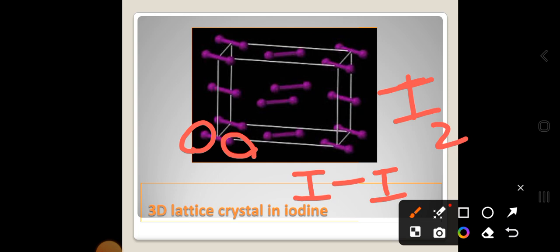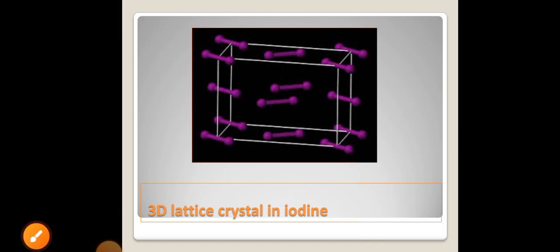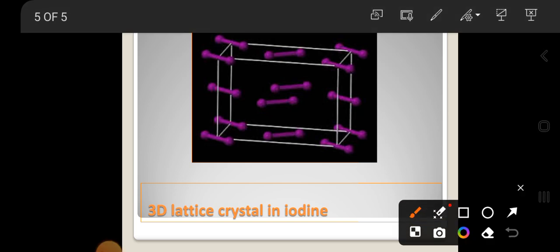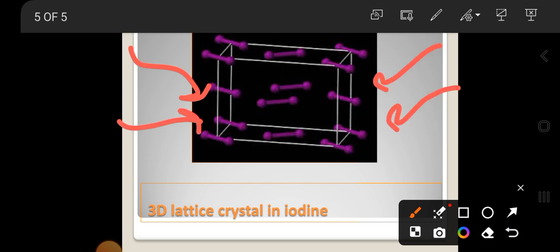Now, students, in its three-dimensional crystal lattice, observe that all these purple dots are iodine. You can see how the iodine has arranged itself in a three-dimensional structure. When light is incident on this crystal, it absorbs energy, and we also know there is a phenomenon called reflection.